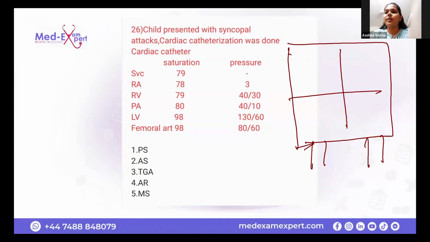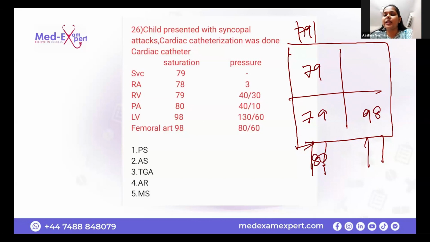So right atrium 79, right ventricle 79, SVC also 79. Okay, that's fine. Then the pulmonary artery is 80. The left ventricle is 98. The femoral is 98, and they haven't mentioned the left atrium here. Then let's look at the pressures.